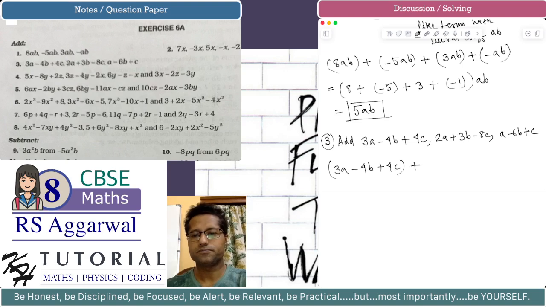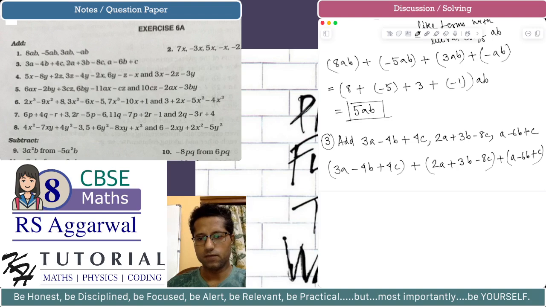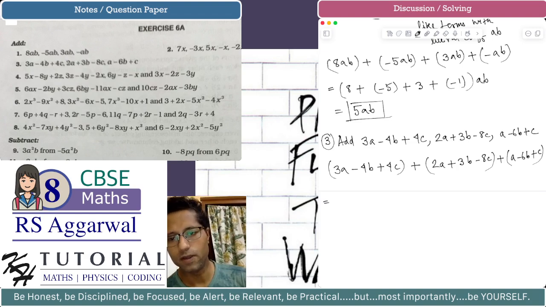The second algebraic expression is 2a plus 3b minus 8c, and the third algebraic expression is a minus 6b plus c. So we have to add all these three algebraic expressions. Now, how do we do the addition? First, we open the brackets, but we have to be very careful.